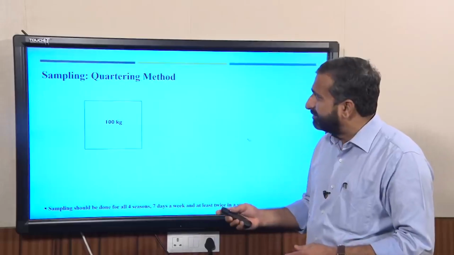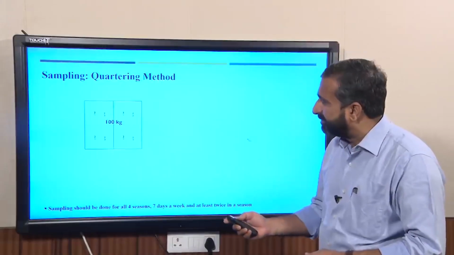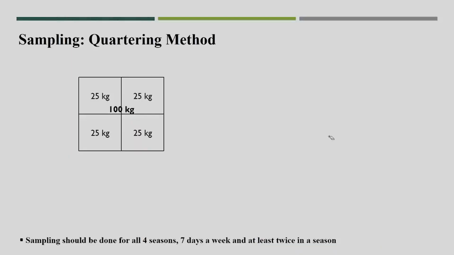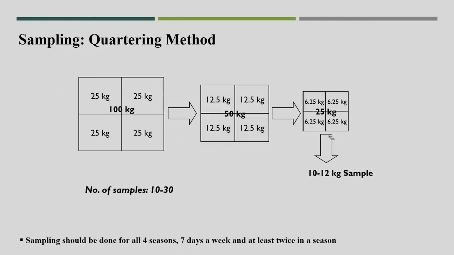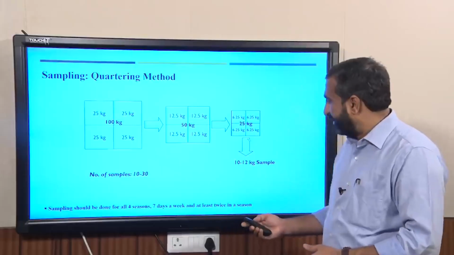I will give one example. Suppose we put 100 kg of waste like this, and now we go for the quartering method. We divide the entire waste into 4 quarters, and these 2 quarters we again put together in the same way, giving a 15 kg waste, and likewise we keep quartering the waste, and finally we get almost 10 to 20 kg of waste, which is the final sample.